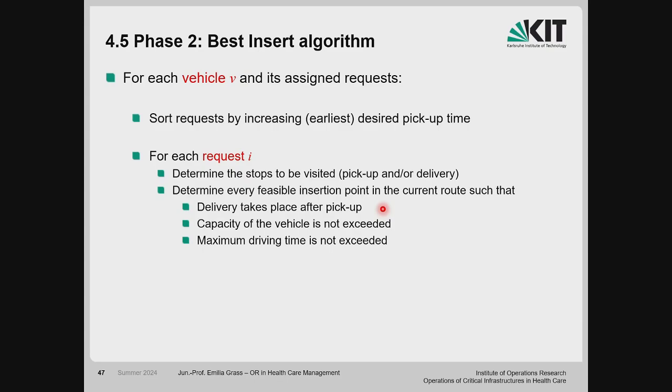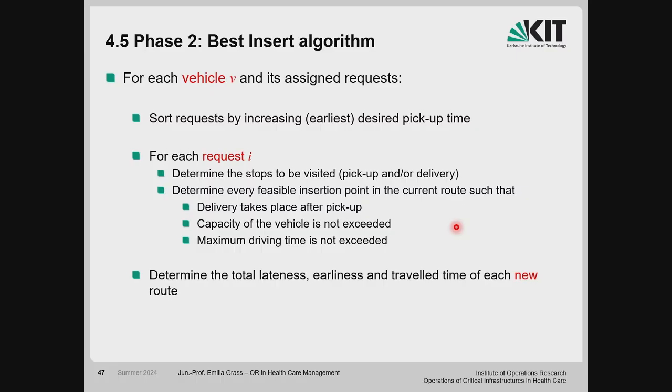So we explicitly have to tell the algorithm, don't deliver the patient before you pick them up. Then the capacity constraints cannot be exceeded, and the maximum driving time is also restrictive.